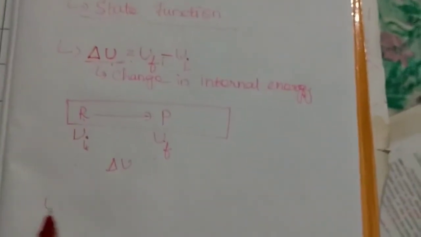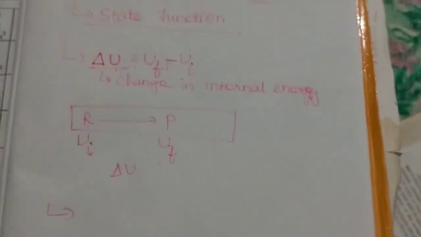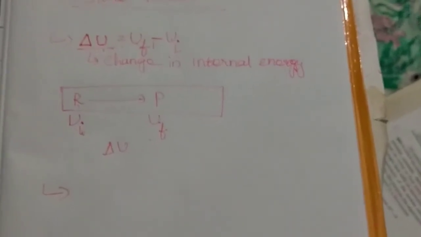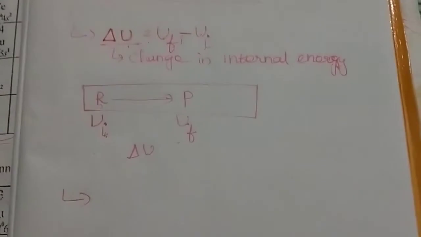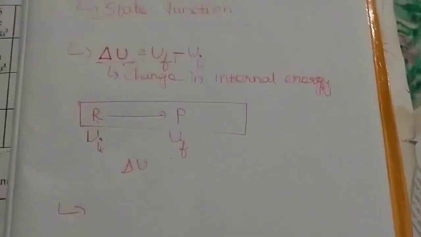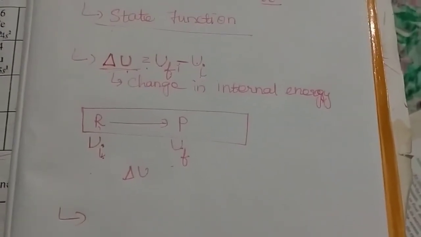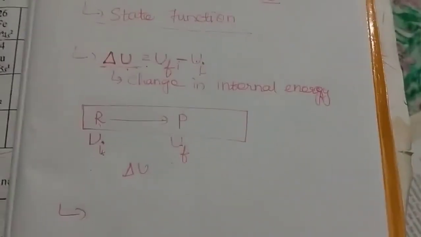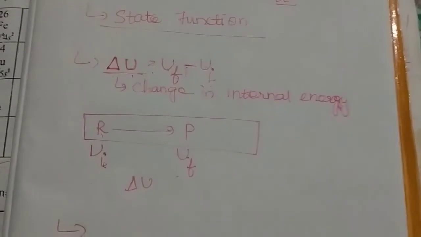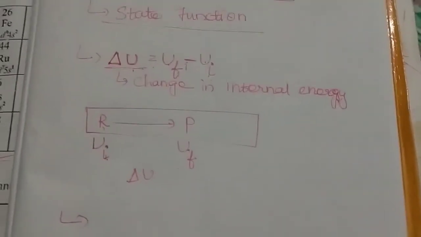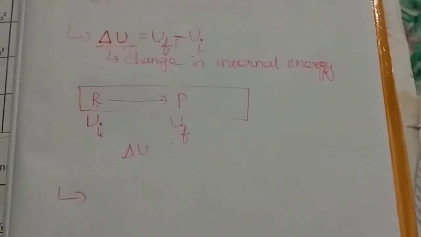Next character. If you are calculating the internal energy of a cyclic process, what is a cyclic process? The system returns to the initial state after completing all the changes, a cycle of changes. That reaction is known as a cyclic process.